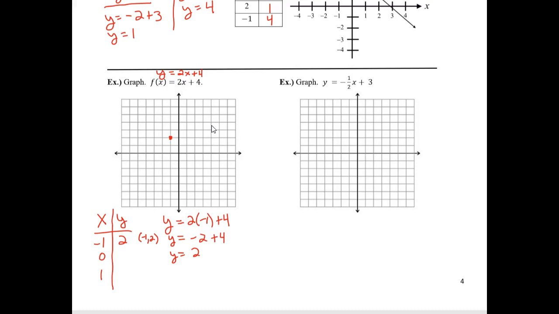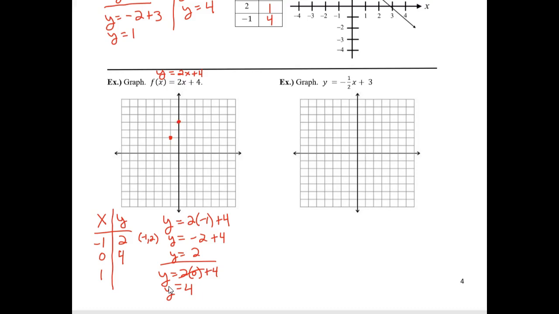If I plug in 0 for x, for my next point, 0 times anything is 0, so y will equal 4, because that's gone. So 0 for x, I go up 4 for y.